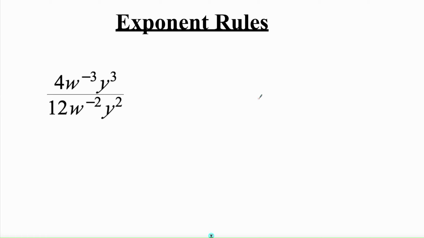So for a last exponent rule example here, when I'm faced with problems like this that have multiple things going on, I always recommend just doing one little step at once. So doing it in several steps instead of all at once. So first I will look at 4 and 12. So 4 over 12 is not 3, it is 1/3.